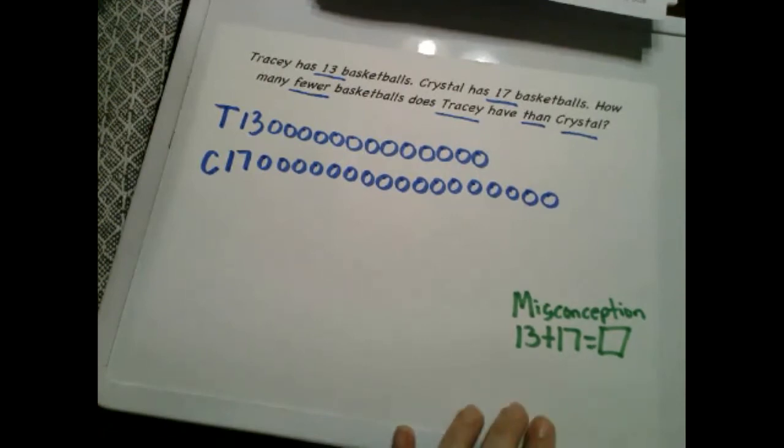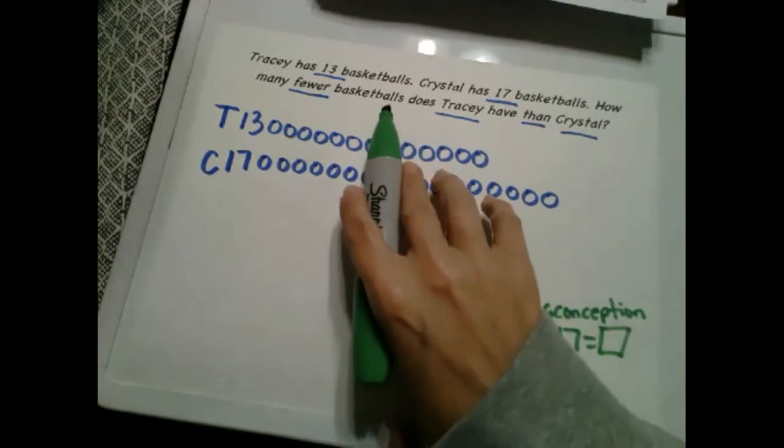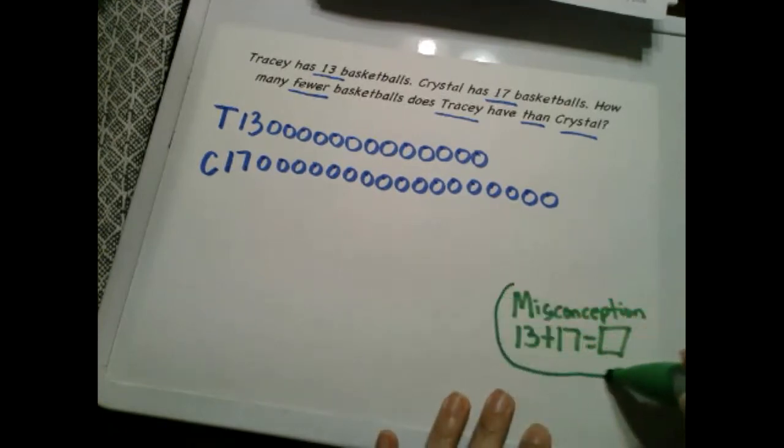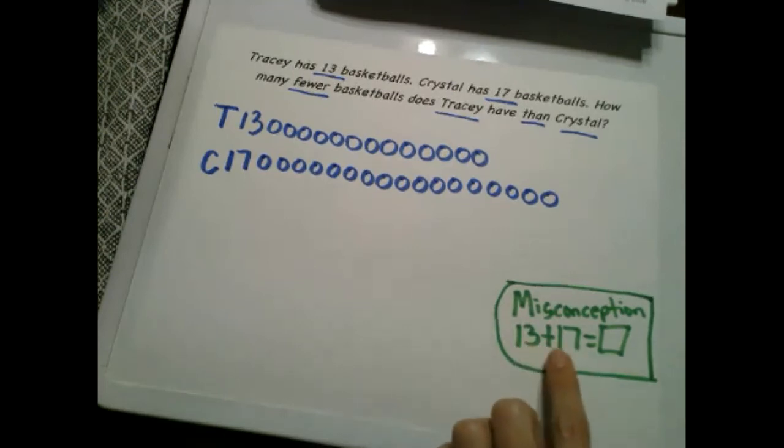That's right. It's not saying how many basketballs do they have altogether. It's asking how many fewer does this person have than the other person. So this would be a misconception. We're not trying to add the numbers together. We're trying to find the difference.